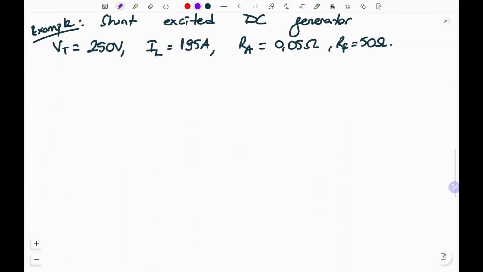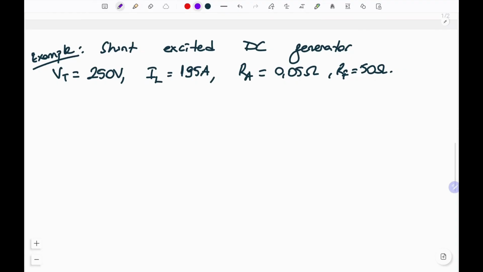In the second one, we have a shunt excited DC generator. For this case, we will clarify some currents and induced voltage of the circuit. So let's start according to given values. Let's start off with the calculation of IF. Again, we have a shunt excited DC machine.